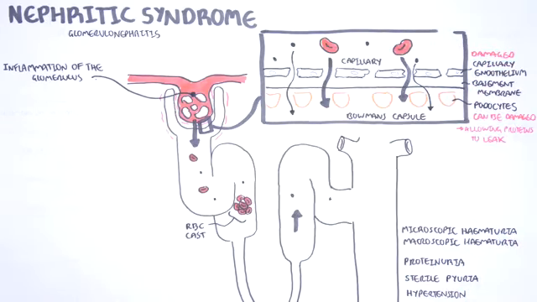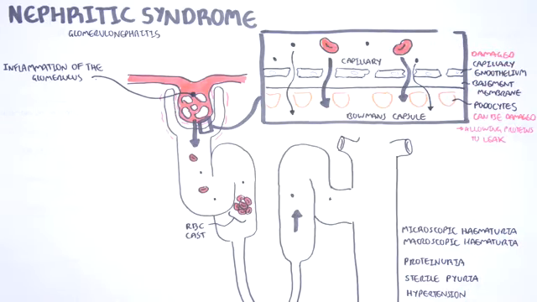Monocytes begin to infiltrate the area as second line, and over time, the inflammatory process will cause a chronic change involving scarring and fibrosis. An important key point about ANCA-associated vasculitis or glomerulonephritis is that there is no immune deposition on immunofluorescence.